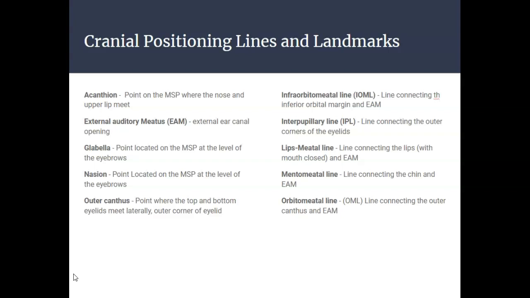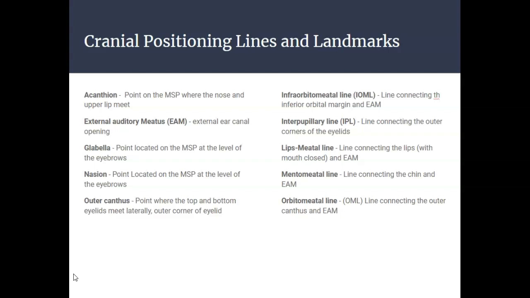Our cranial positioning lines that we utilize in head work include the infraorbital meatal line. It's the line connecting the inferior orbital margin to the EAM. The interpupillary line, the line connecting the outer corners of the eyelids. This book has the lips meatal line, but Merrill's will refer to it as the acanthiomeatal line.